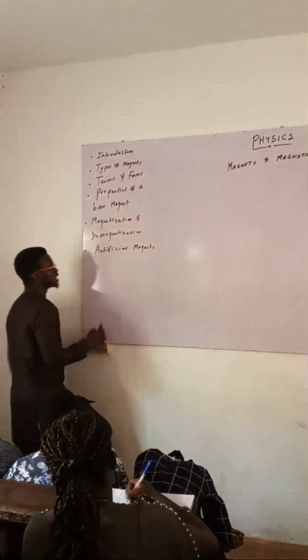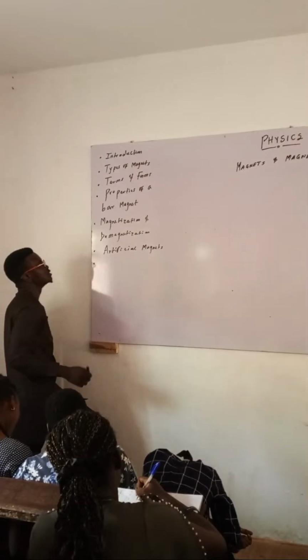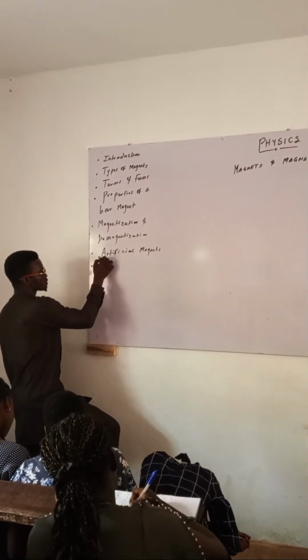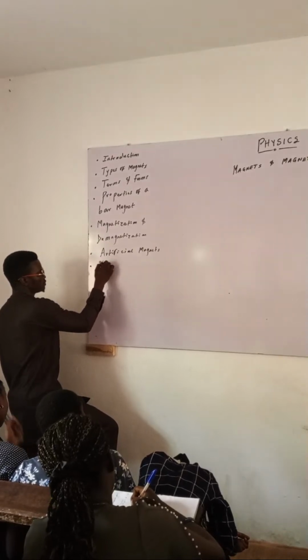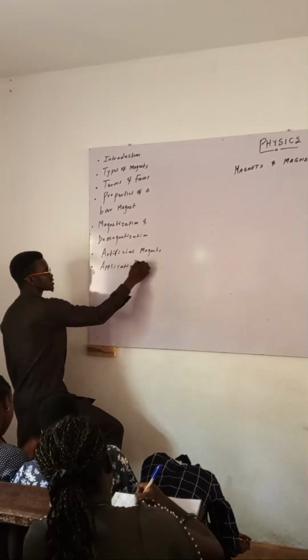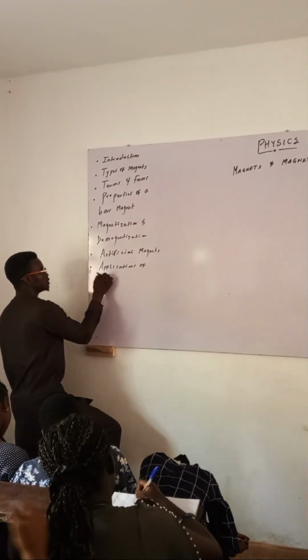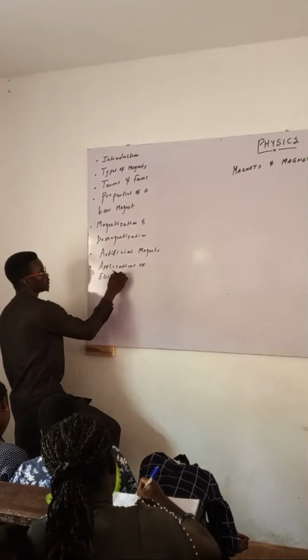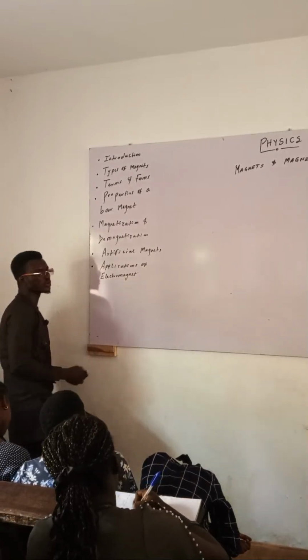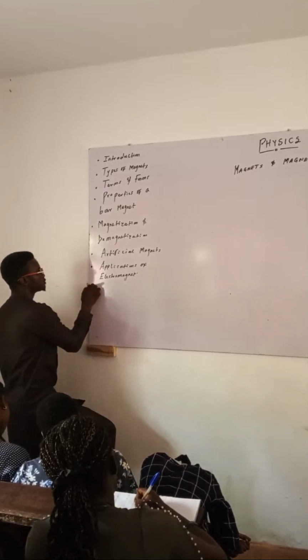Then after dealing with artificial magnets, we can look at the applications. Applications of electromagnets. We can look at applications of electromagnets.